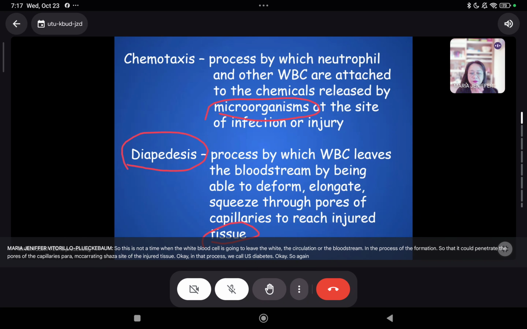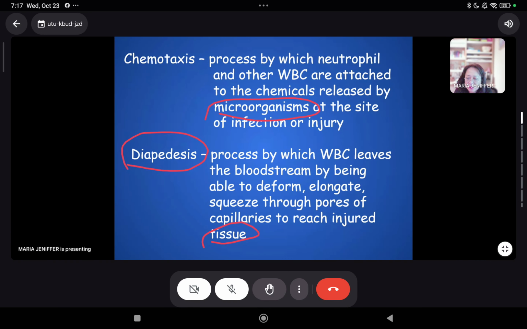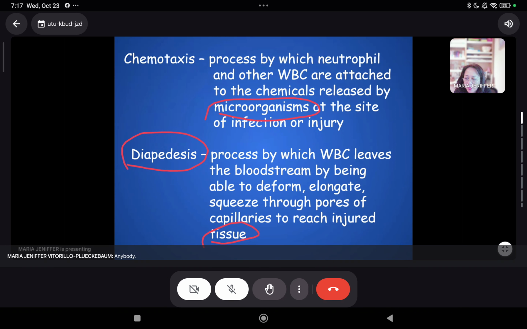Again, can anyone differentiate the process of chemotaxis and diapedesis? Anyone from the class? Anybody? If you say chemotaxis, what happens to the white blood cells in this process?